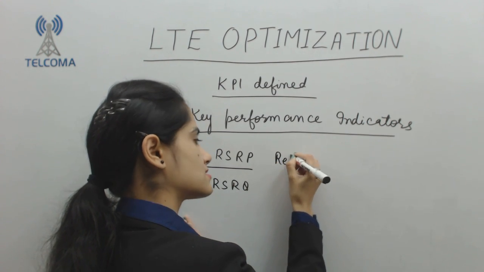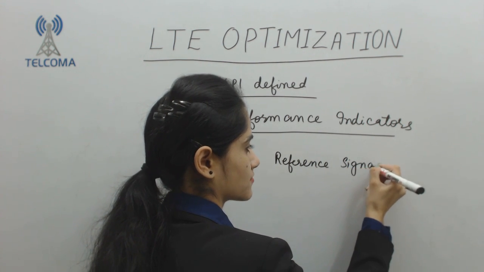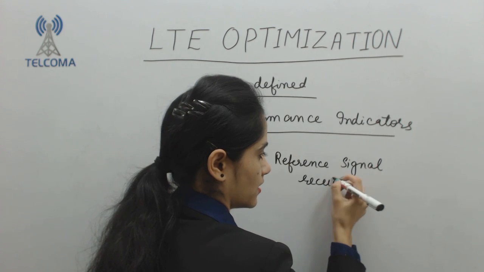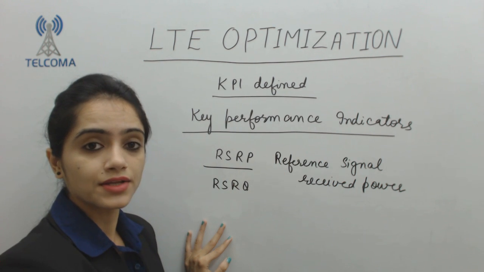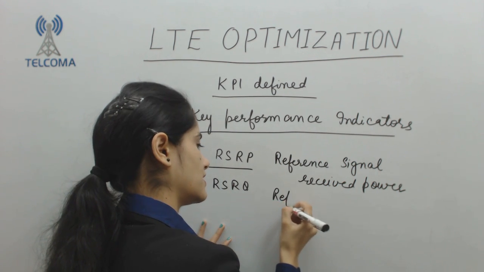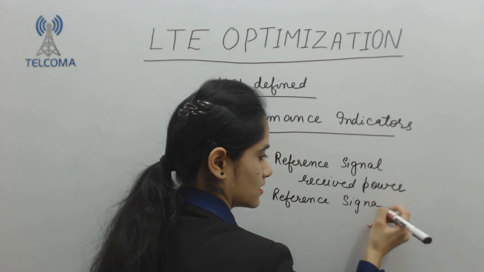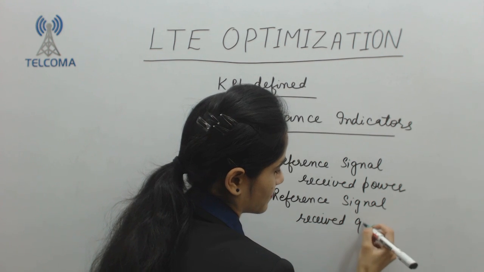RSRP is reference signal received power and RSRQ is reference signal received quality.